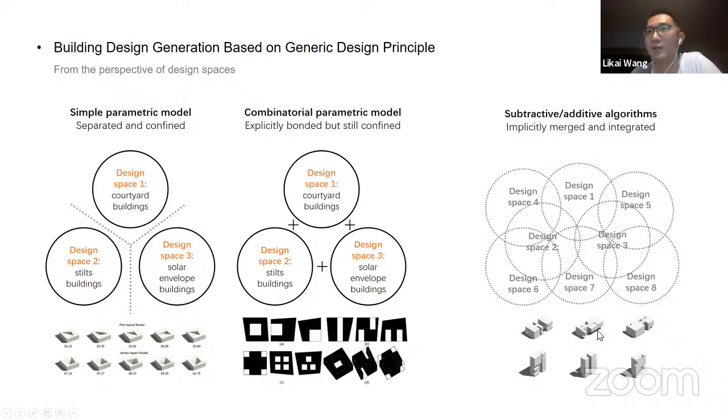For example, you can find the slab, you can also find the courtyard or the atriums, and you can also find some solar envelope, if you see this example in tomorrow's slides.